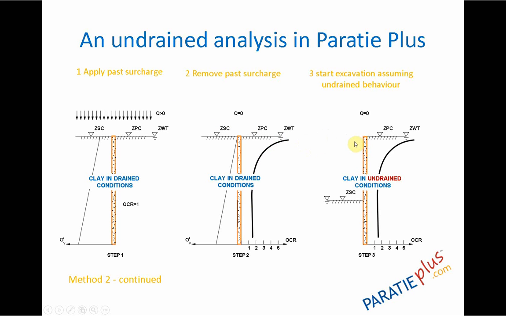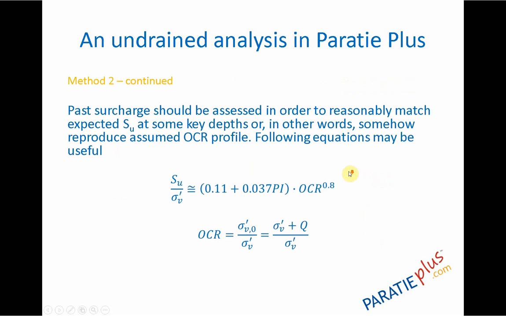After that, we are ready to reproduce what is in our soil today. So after that, we switch all the clay conditions to undrained conditions, and we can start the analysis. Doing so, the model is appropriately initialized, and we have a suitable undrained shear capacity along all the depth along the wall.